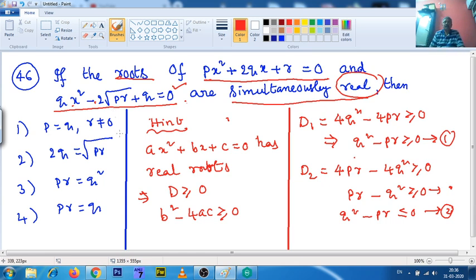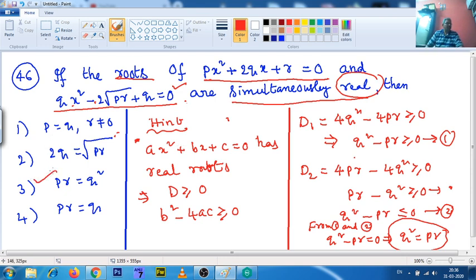From 1 and 2, simultaneously real means only one condition is to be satisfied, q square minus pr is equal to 0. That means q square is equal to pr. So this is the answer. That means the third option is the right option.